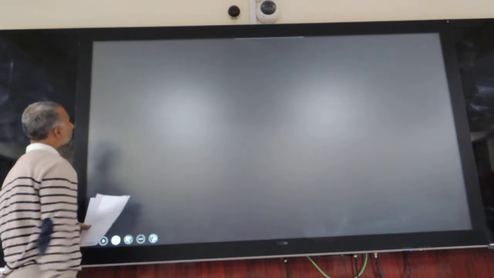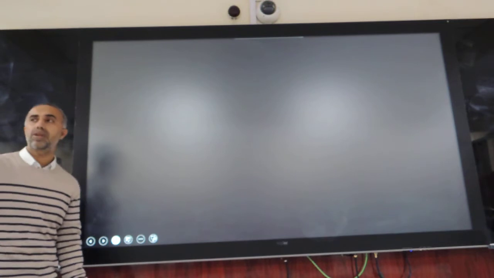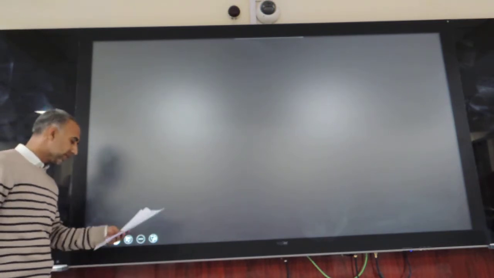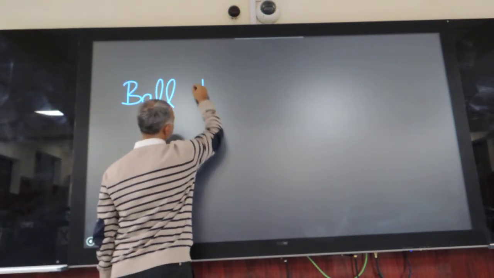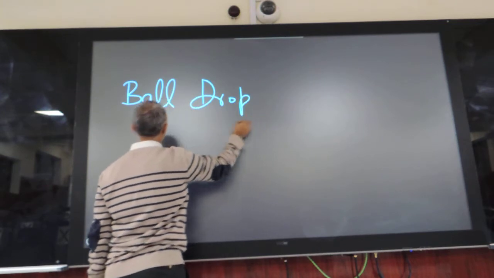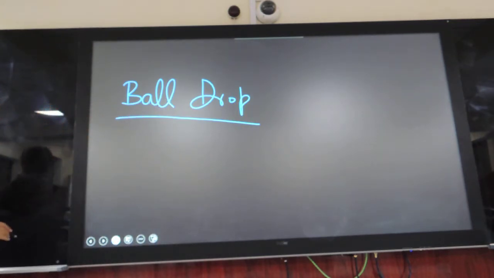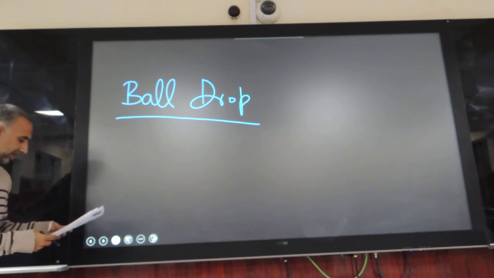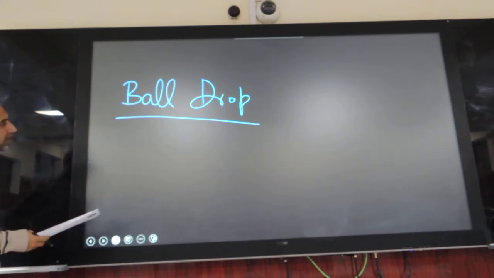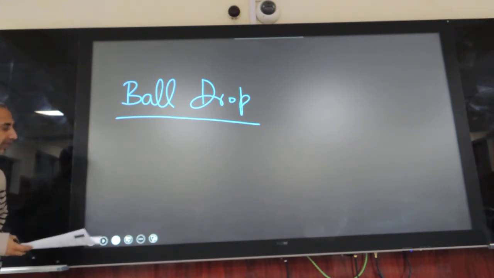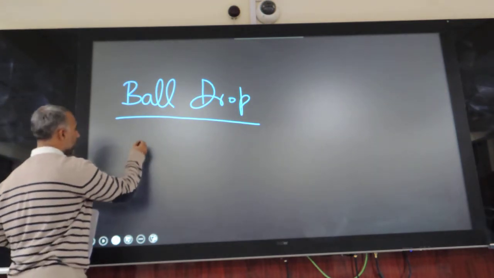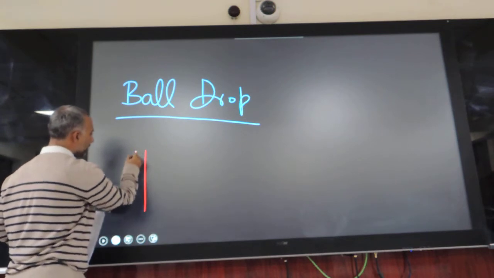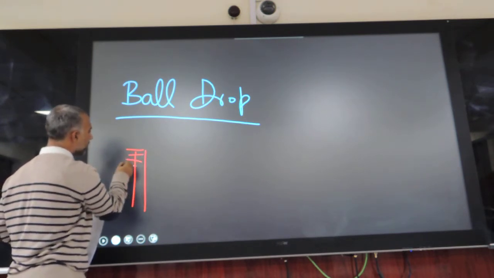Consider, for illustration purposes, that some students are on the first floor, and suppose an example of a ball drop. You should remember this theme: a ball drop follows the concept of derivative. Suppose some students want to drop a ball from the first floor, standing somewhere there.